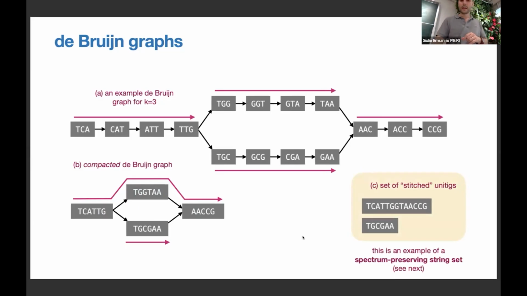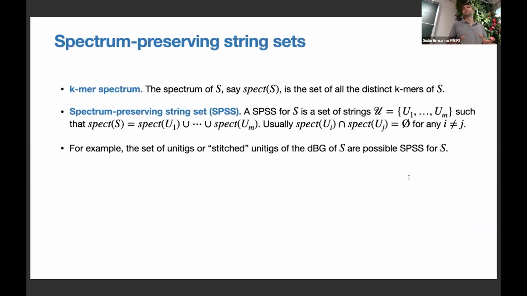So what does it mean? So spectrum preserving string set, very intuitively, it means that, as you can see, it is a set of strings whose spectrum is equal to the de Bruijn graph. So the spectrum is nothing but the set of k-mers of a given string.